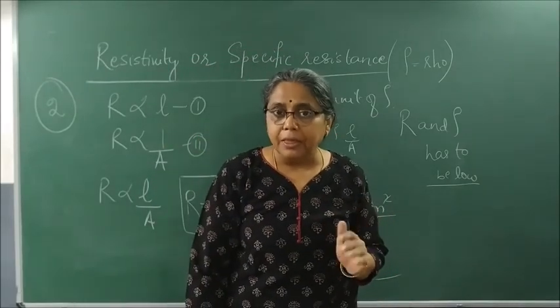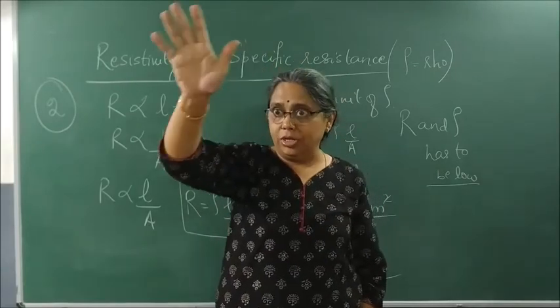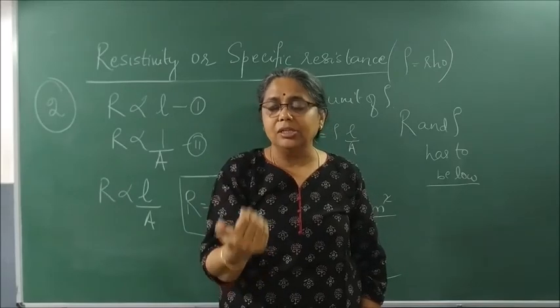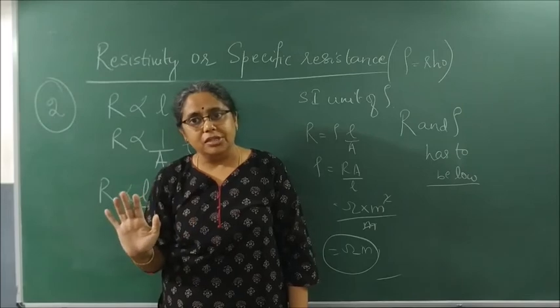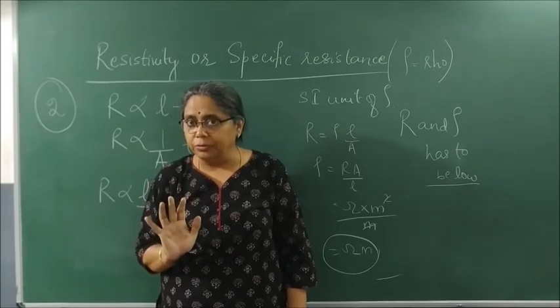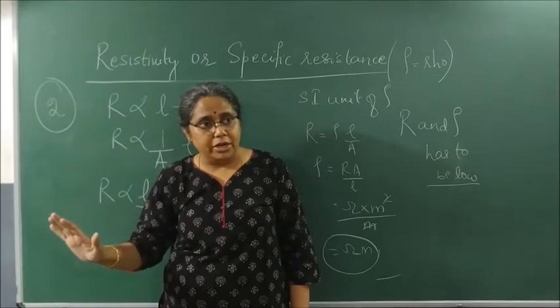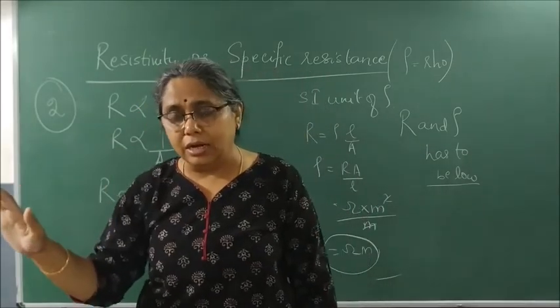Conductors have very low resistivity, alloys slightly more than conductors, and then insulators which have very high resistivity. High resistance, high resistivity: insulators. Low resistance, low resistivity: conductors.